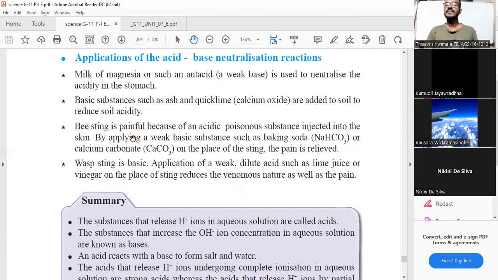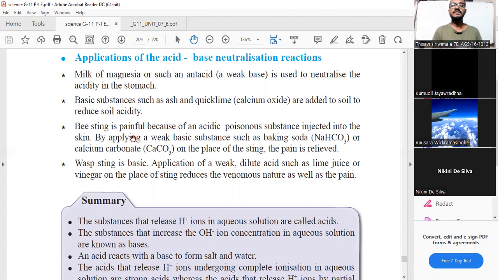Therefore, the acidic nature has to be neutralized. So in order to do that, farmers will add ash or quicklime. Ash you can find from your firewood earth, and the quicklime you can purchase from hardware shops. When mixed into the soil, the acidic nature is neutralized.